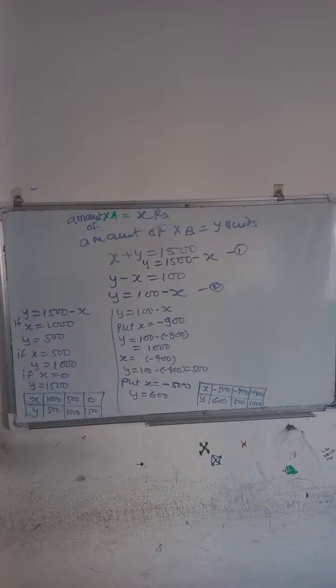Okay, I'll repeat this question. The incomes of two persons A and B are in the ratio 8:7, and the ratio of their expenditure is 19:16. If their savings are rupees 2,550 per month, find their monthly income.